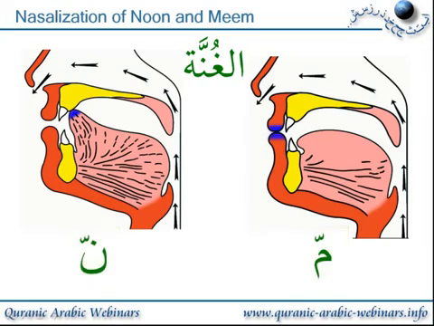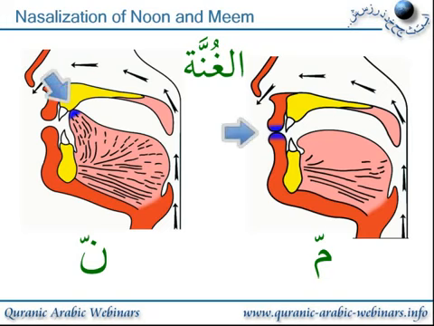All we're trying to indicate here is that whenever meem carries the shadda or noon carries the shadda, they will always be done with this nasalization, i.e. you're going to make the sound in your nose. And the diagrams are showing you that the makharij is exactly the same.